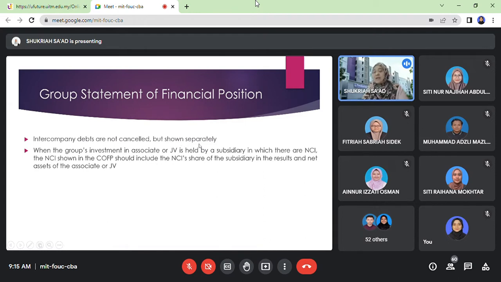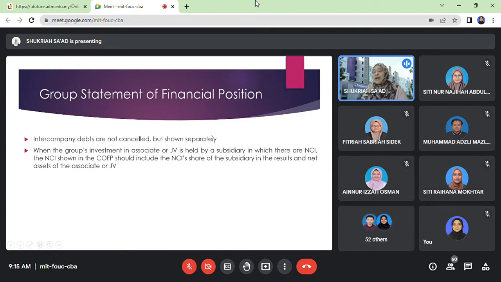When you say show separately, where to show this intercompany balance? In the individual statement, not in the consolidated statement. Because you must know that when you are talking about the consolidated statement of financial position, holding companies still need to maintain their own statement of financial position together with the group statement of financial position.